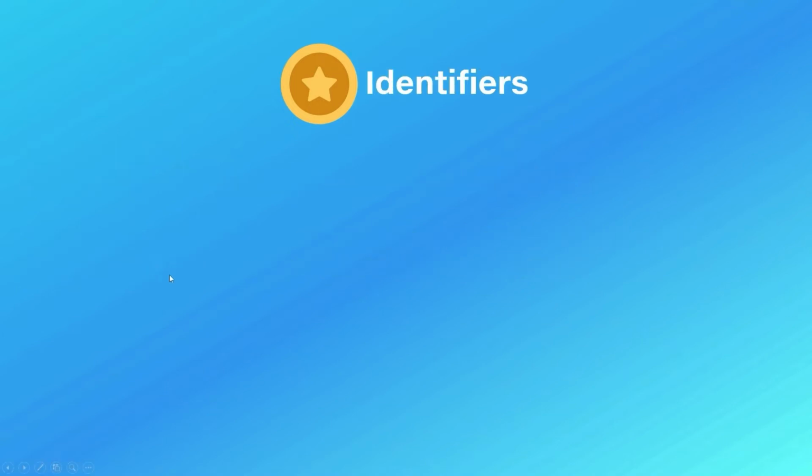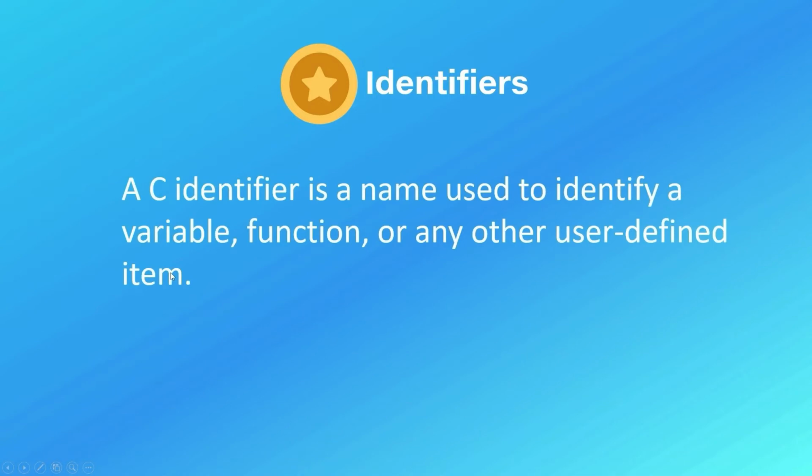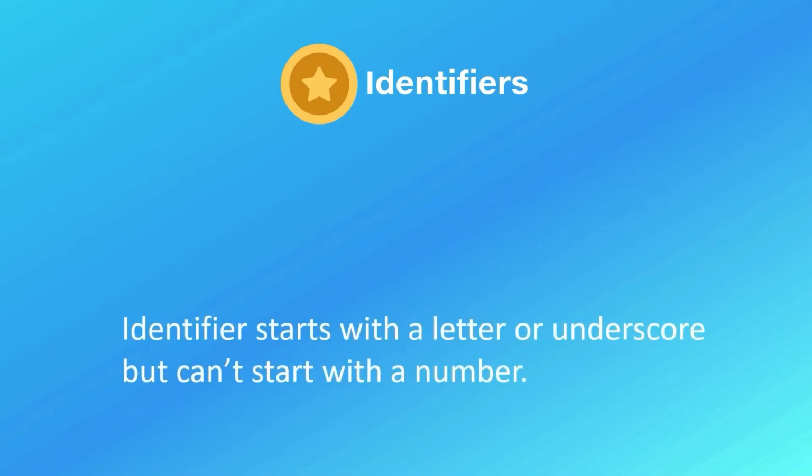And let's go with identifiers. An identifier is a name used to identify a variable, a function, or any other user-defined item. An identifier starts with a letter or underscore but cannot start with a number.